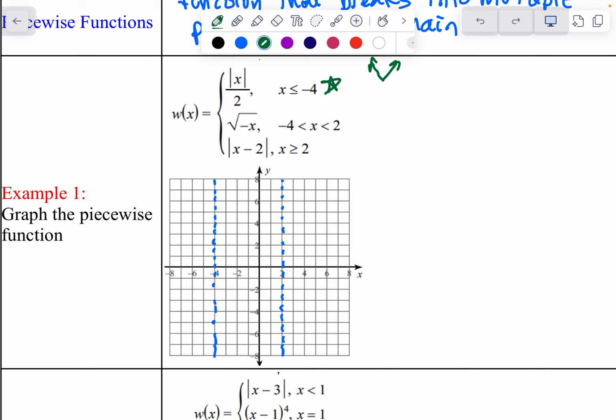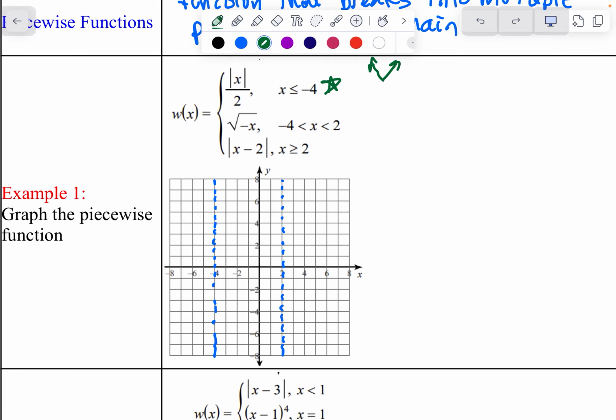And you'll notice that for our v, we only need the portion to the left of -4. So our v is going to look kind of like this. So we're really only going to see a little portion of the v. Now let me show you how to do it.